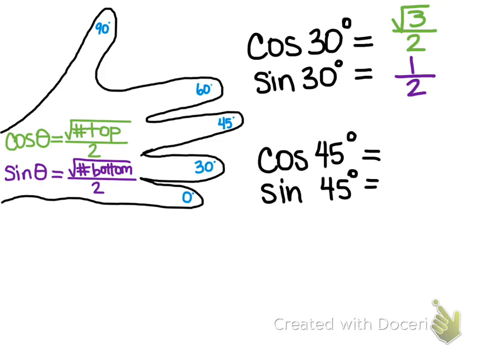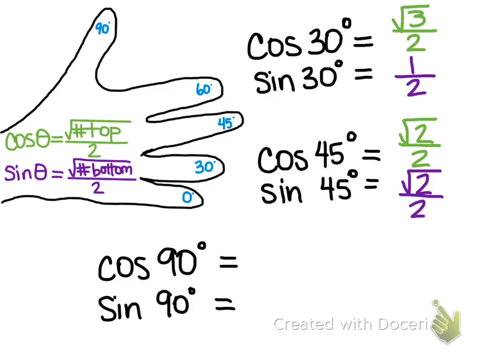Okay, 45 degrees. The square root of the number on top over 2 is square root of 2 over 2. The square root of the number on bottom is also square root of 2 over 2. Okay, cosine and sine of 90 degrees. For the cosine, it's the square root of the number of fingers above 90 degrees.